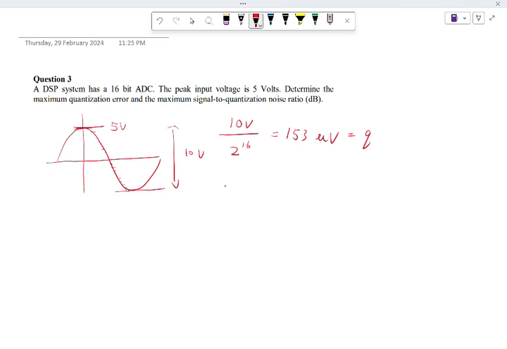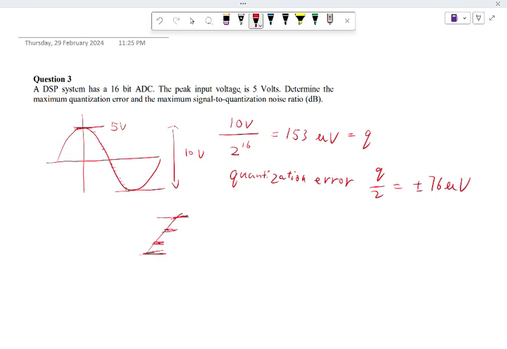using 16 bits. So the quantization error is just half of this, which is plus or minus 76 microvolts. You can think of it, for example, as having this amount of voltage, and you divide it into these intervals.